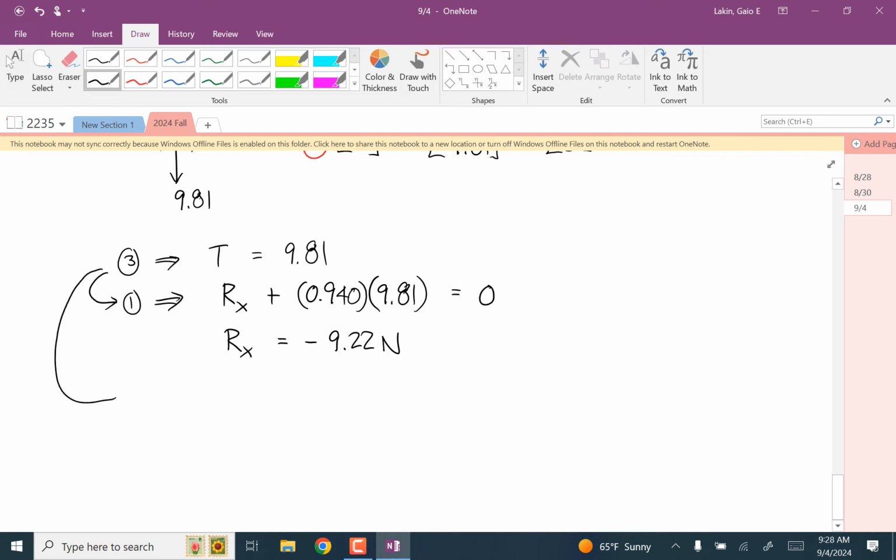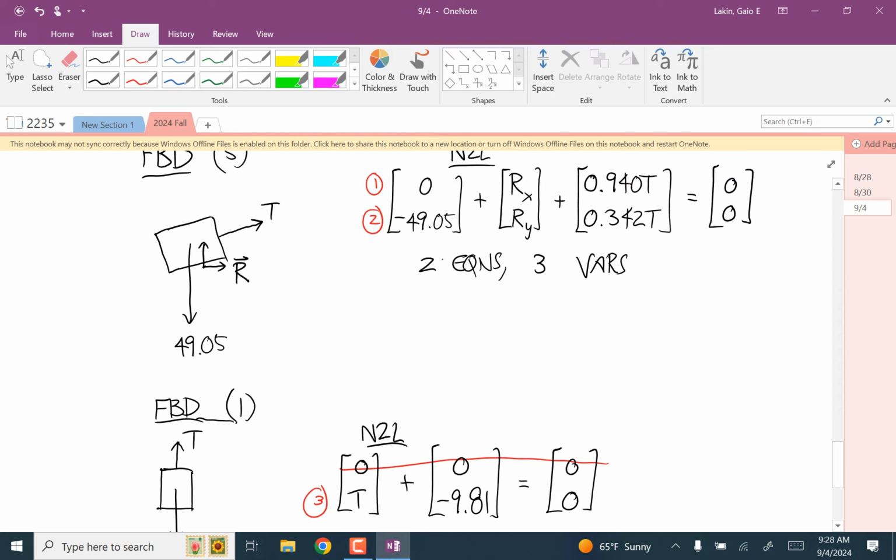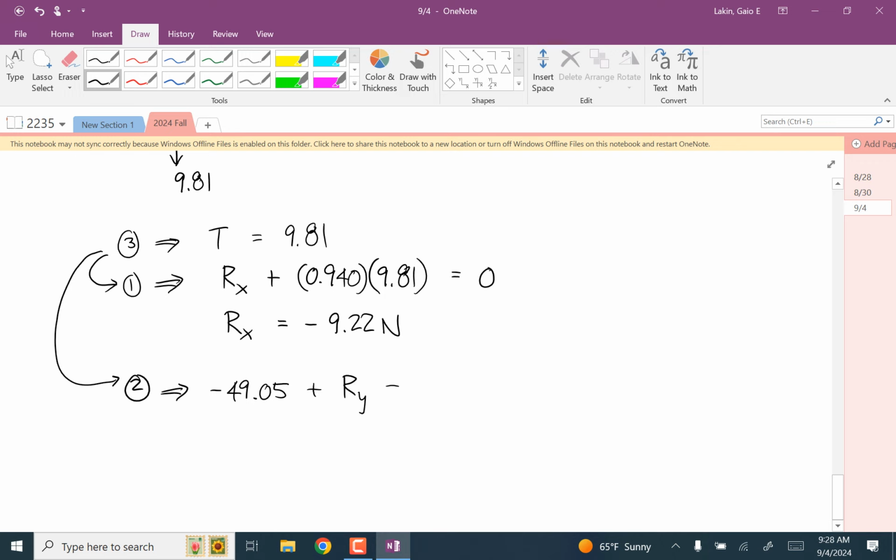And then plug it into equation 2. And you get negative 49.05 plus Ry plus 0.342 times 9.81 is equal to 0. So Ry is equal to positive 45.70.